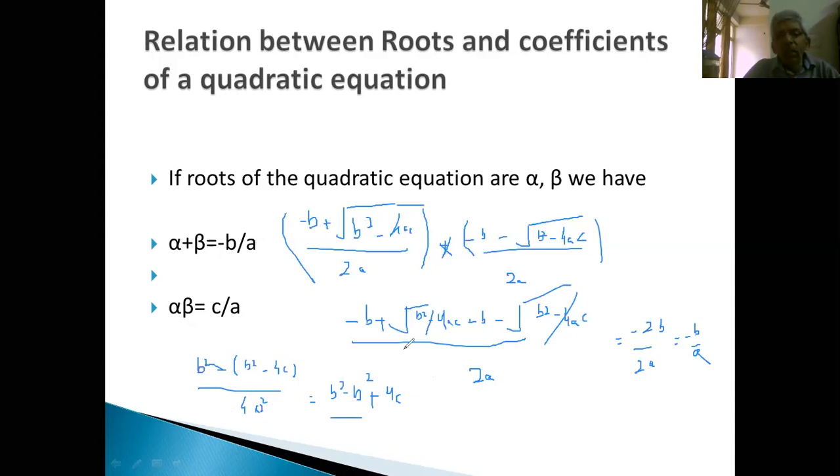It's not LCM here, here we are multiplying the terms.